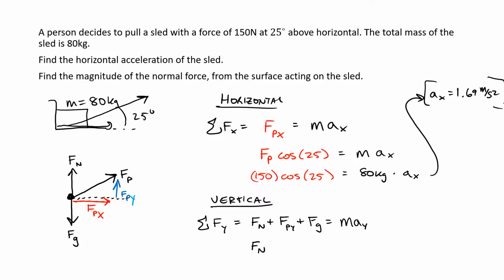Let me just put everything in without doing too many steps. So that vertical component is going to be F_P sine of 25. Actually, yeah, let me write it. F_P sine of the angle.